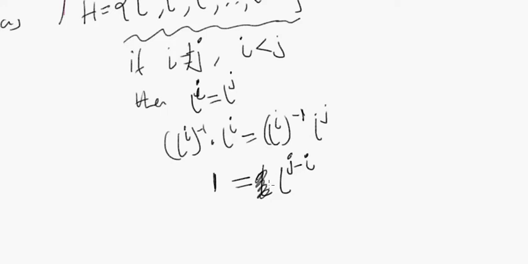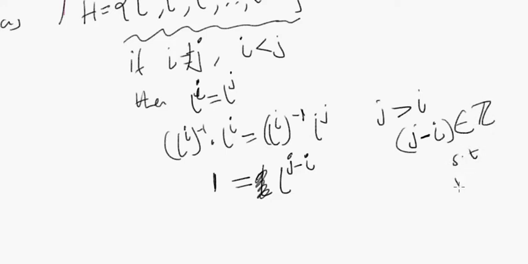So if j is greater than i, isn't j minus i some non-zero integer, an element of Z, such that j minus i does not equal 0?